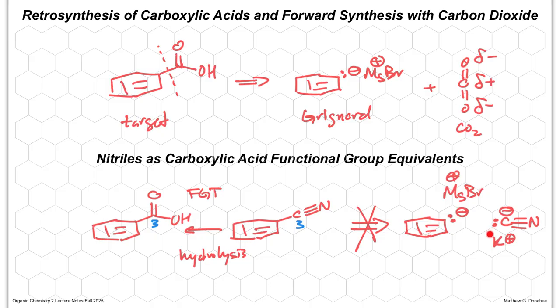So depending on what we're trying to make, we can either do the straightforward thing where we use CO2, or if we can't make the polarities of the atoms match, we're going to have to make a nitrile first and then hydrolyze it into an acid. As we progress through these slides, we'll see how that is relevant. But suffice to say, no matter what the carboxylic acid is, we can either make it with CO2 or CN.